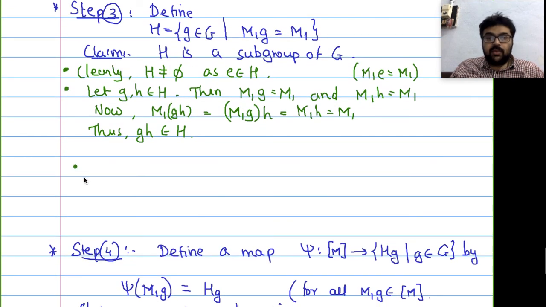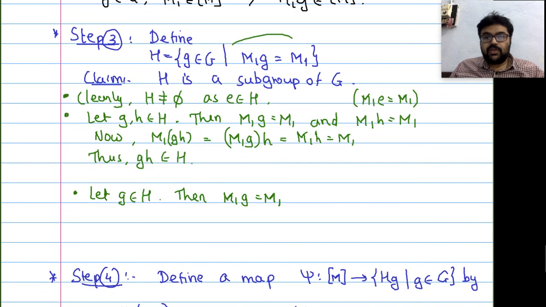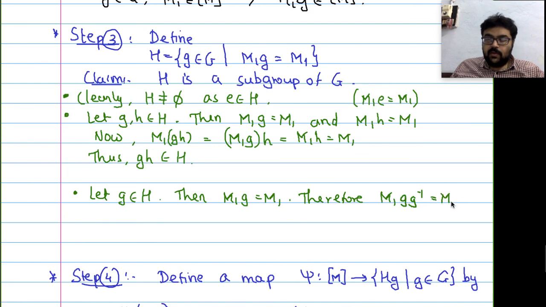Now what about the inverse? Let G belong to H. Then M1G equals M1 by definition of H. Now multiply by G inverse on the right side, both sides.